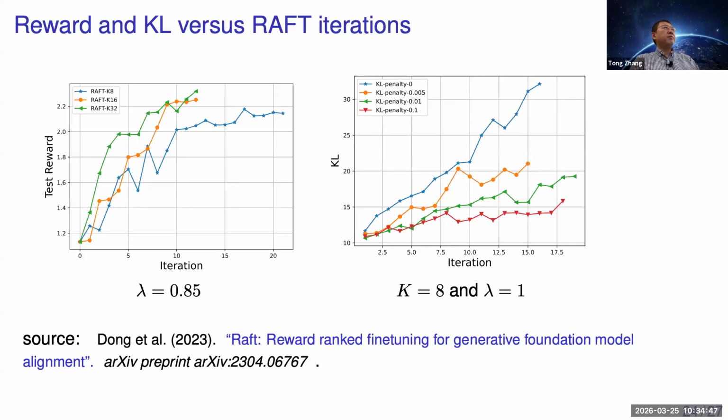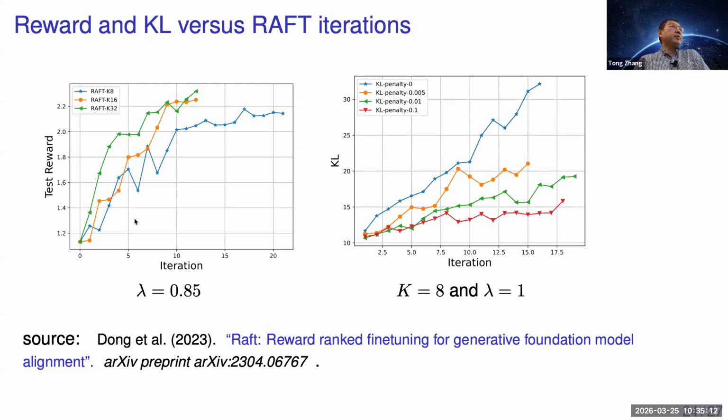In Raft, with a pair of size 2, you just pick the top one, so k equals top one. They both are RL, but use different ways of learning and different ways of preparing the data.